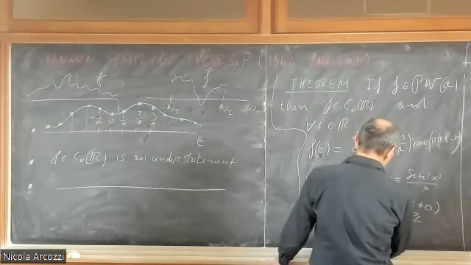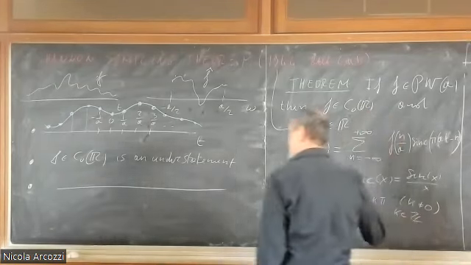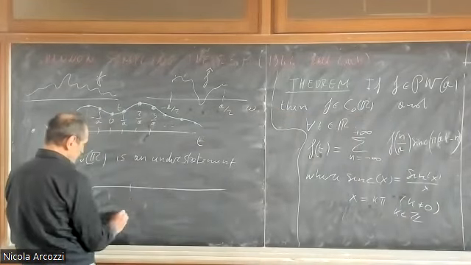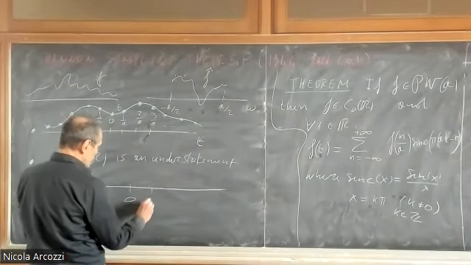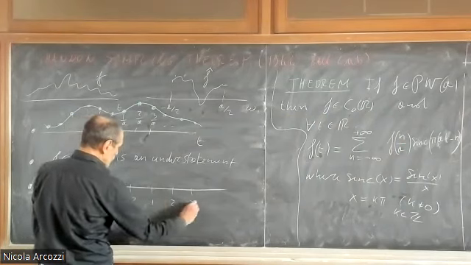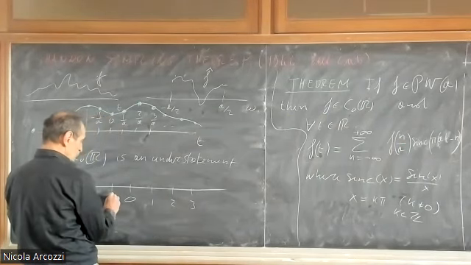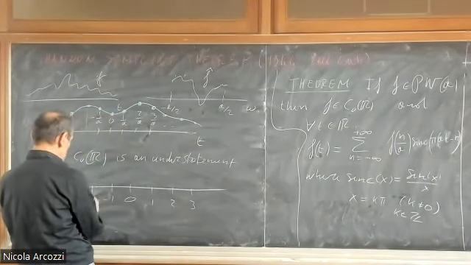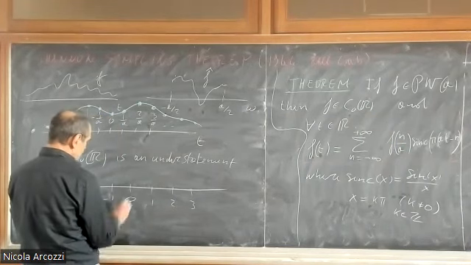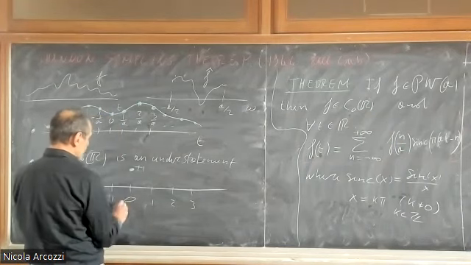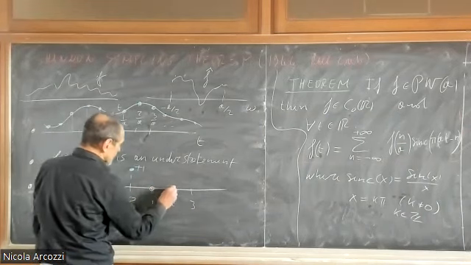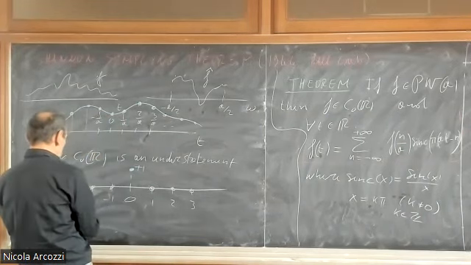Okay, so let me look at this. It is a function that is 1 at 0, and 0 at minus 1, minus 2, and everywhere else.